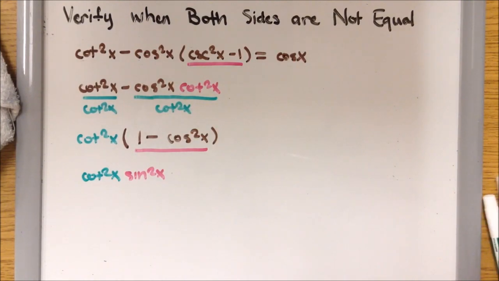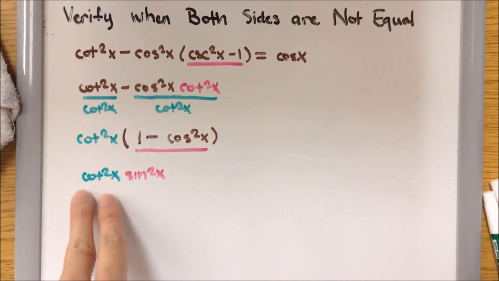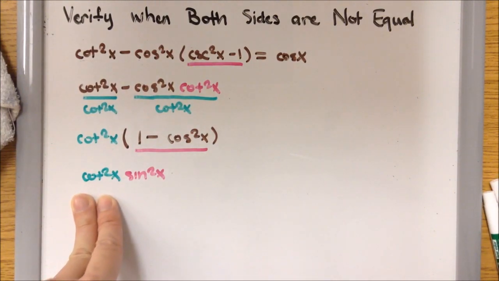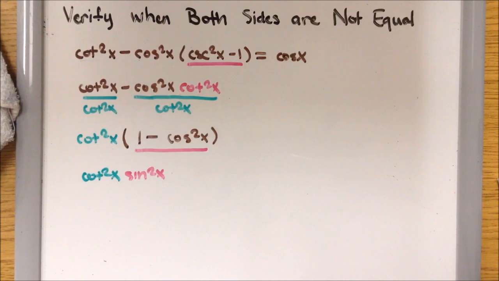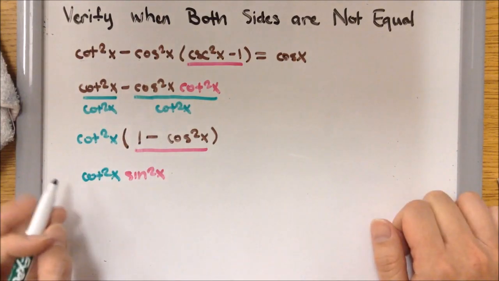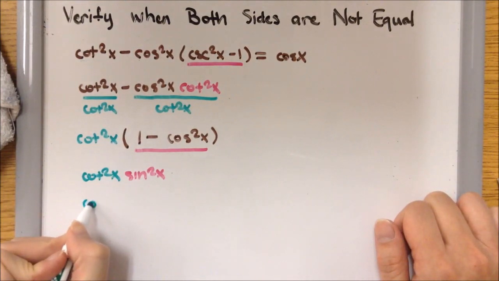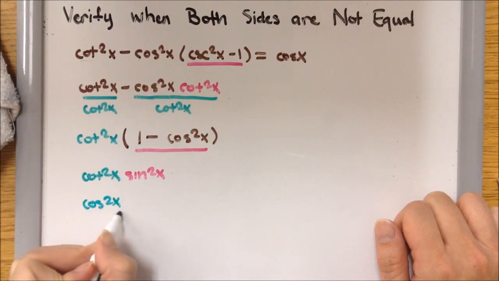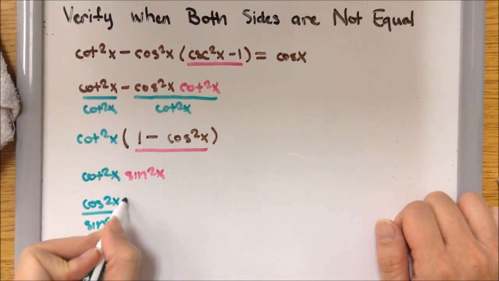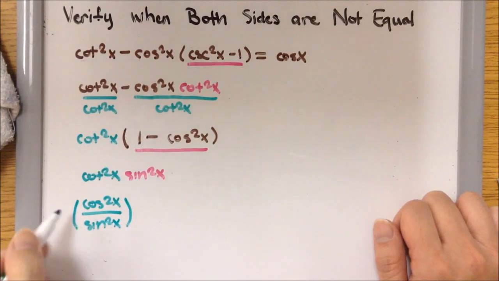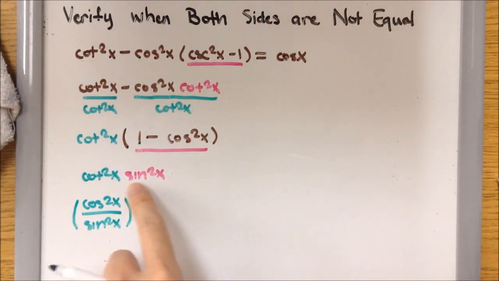So here, cotangent squared x, the only identity I can use to have it in sine and cosine is the quotient identity. So cotangent squared x will be rewritten as cosine squared x over sine squared x. Now I put it in parentheses because it's a fraction multiplying sine squared x.